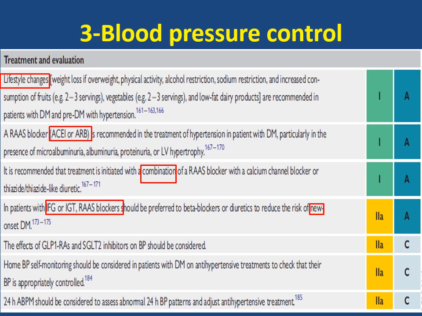It is recommended that treatment is initiated with a combination of a RAS blocker with a calcium channel blocker or thiazide diuretic. As regards patients with prediabetes, including impaired fasting glucose or impaired glucose tolerance, RAS blockers are preferred over beta blockers or diuretics to reduce the risk of new onset diabetes.